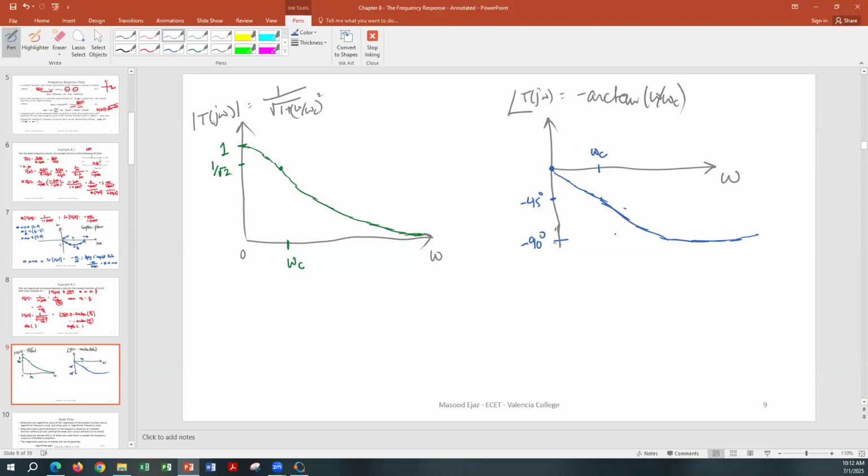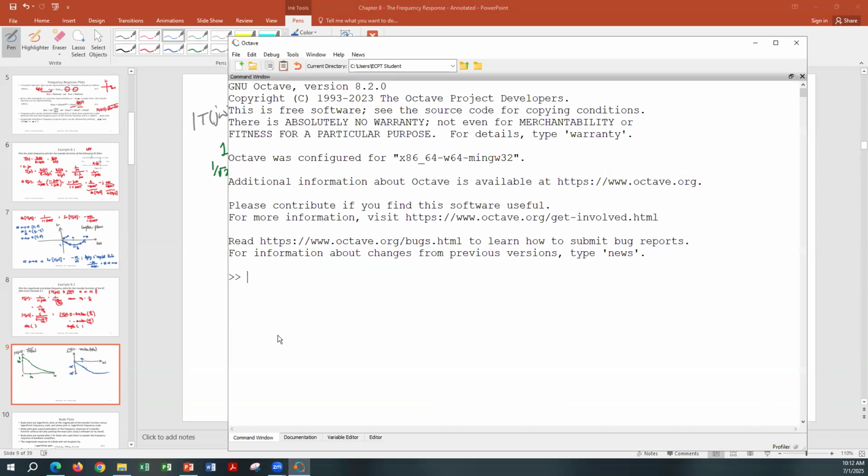If you're plotting the same in MATLAB, of course, you need to define your frequency first. You need to define the value of RC. You can take any value of RC. Let's say R is 100 and C is 100 micro, then your cutoff frequency is 1 divided by R times C, which is 100 radian per second.